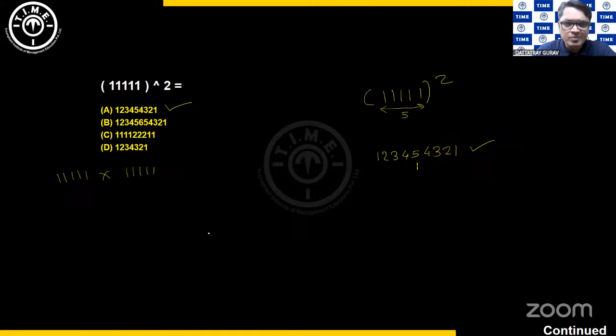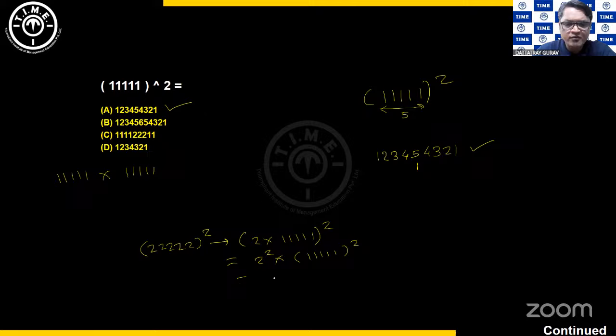Now suppose the same question is asked like this: 2, 5 times, with a square. So I can write this as 2 into 5 times and then square. This is nothing but 2 square into 5 times square.